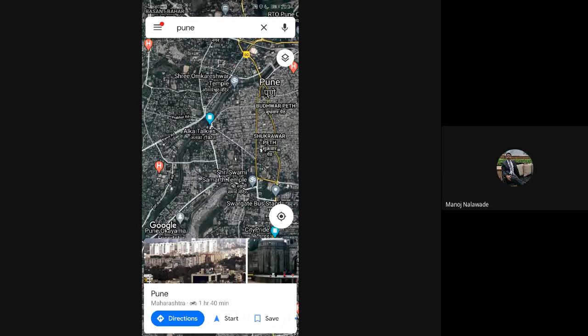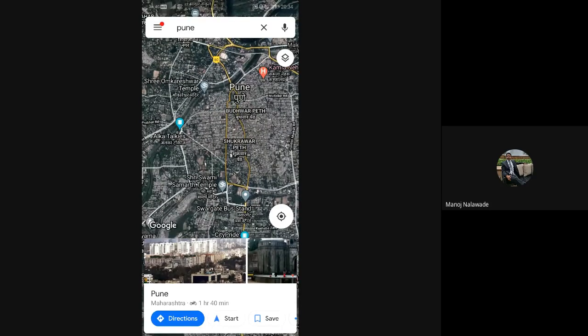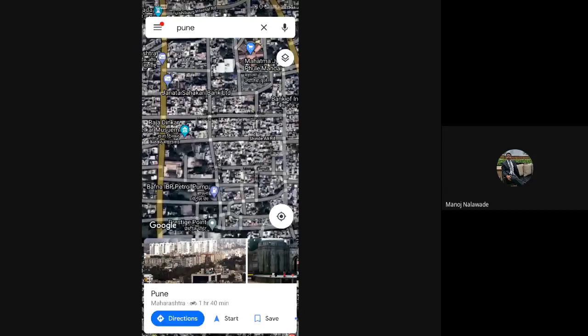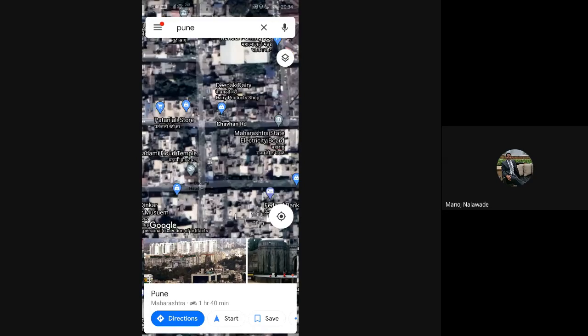Whatever you can see here in white is nothing but the buildings. Look here, how densely populated it is. So this is nothing but the nucleated settlement. Look here, how close they are. These are roads in between.